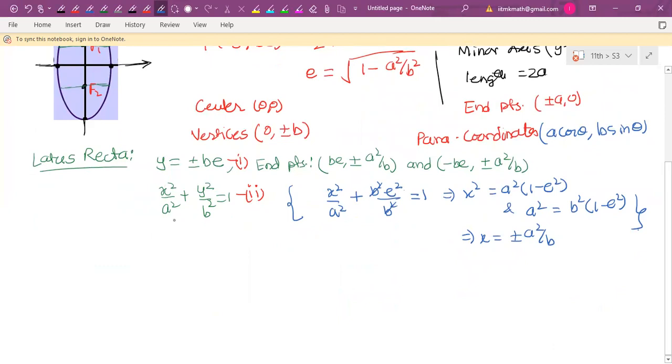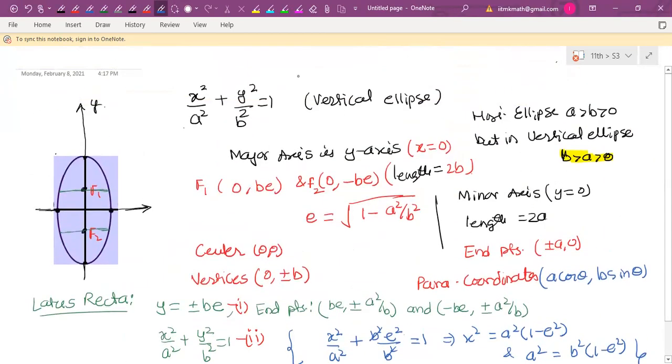Fine. And what is the length of the latus rectum? The length will be 2a square upon b. So here, what have you learned in the vertical ellipse? First of all, the center. The equation will remain the same. The equation of the minor axis is y is equal to 0, and the equation of the major axis is x is equal to 0.